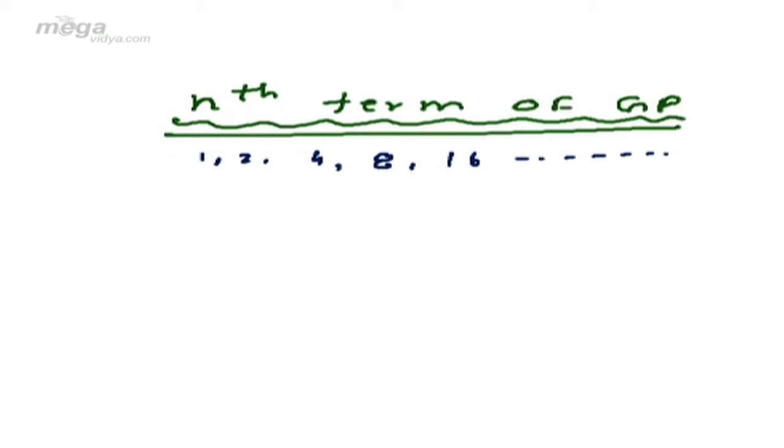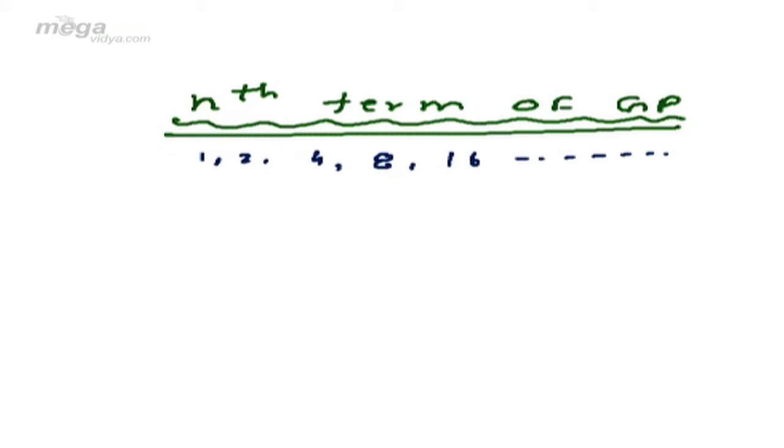But suppose you want to construct this progression. In this sequence, the ratio is 2 and the first term is 1. If you multiply the first term by 2, you get the second term. If you multiply the second term by 2, you get the third term. If you multiply the third term by 2, you get the fourth term, and so on.